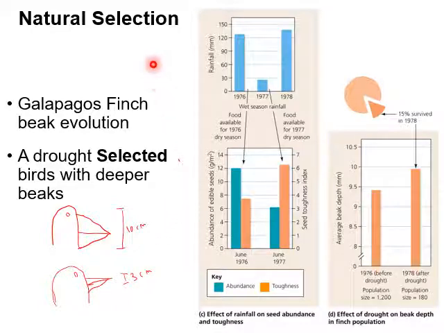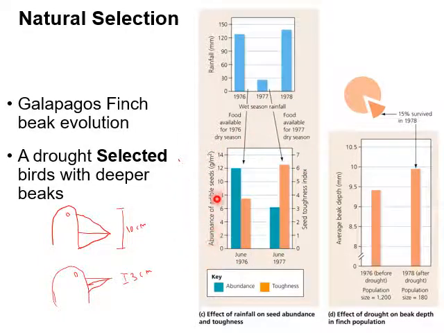So let's talk about climate a little bit. 1976, 1977, 1978, this is showing the rainfall that was on the island. What you see is in that middle year, 1977, there was a major drought on the island. So there was way, way less water available. That had a big effect on the vegetation, which you see in this graph here.